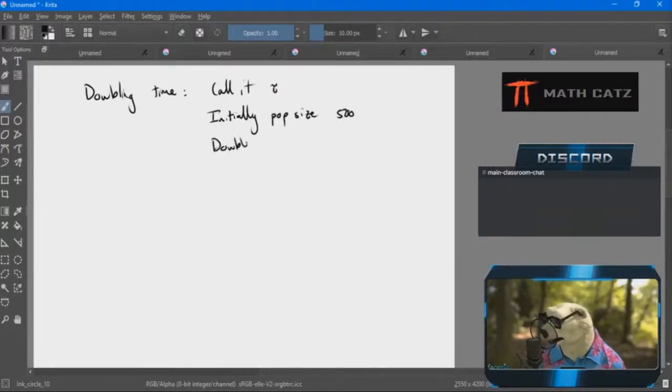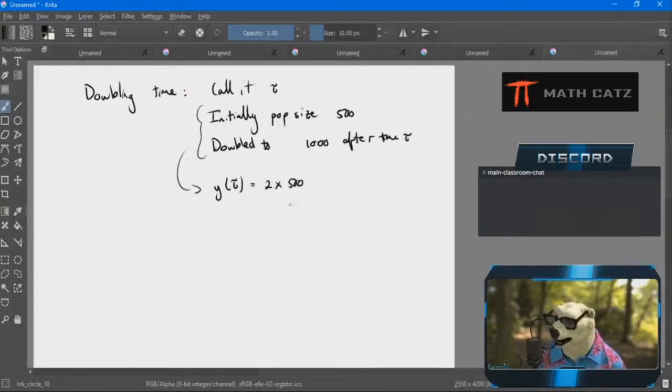Then it doubled to 1,000 after time tau. In this case, it was 6 months, but it might not be, right? If we want to find that doubling time, this means that y of this doubling time period is 2 times 500.